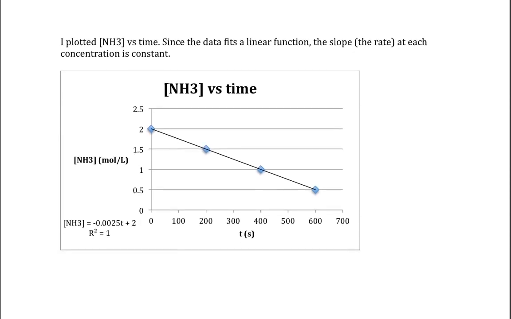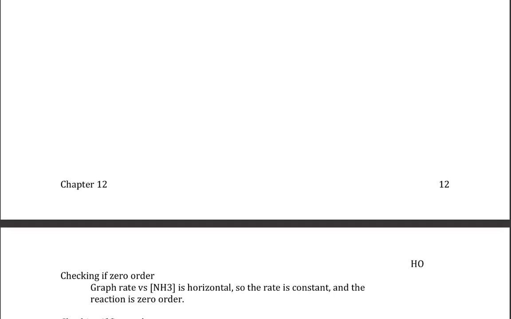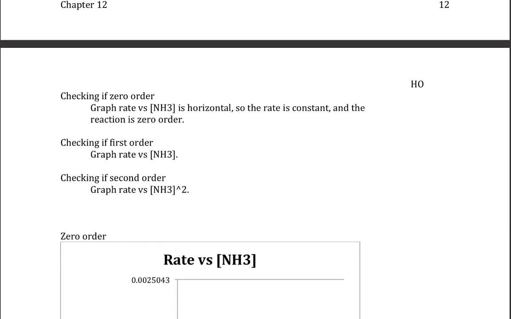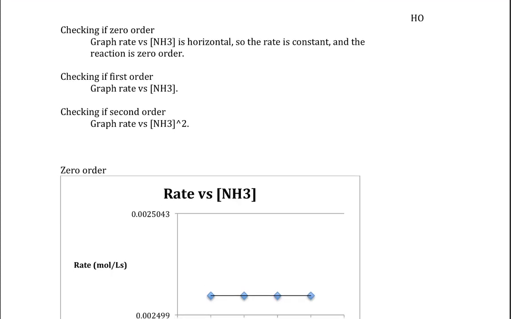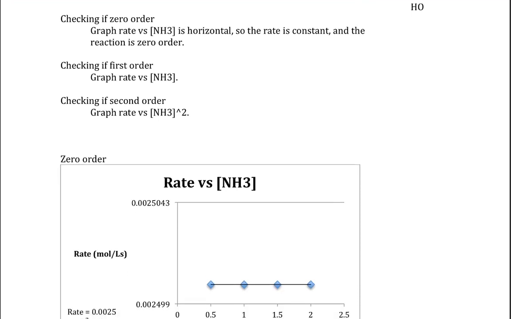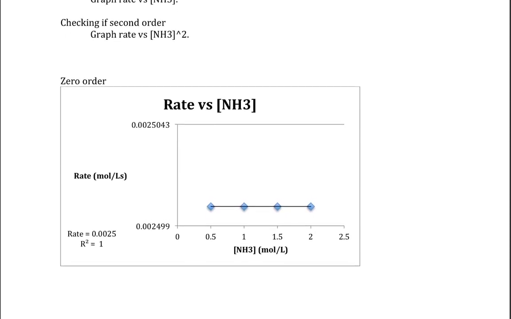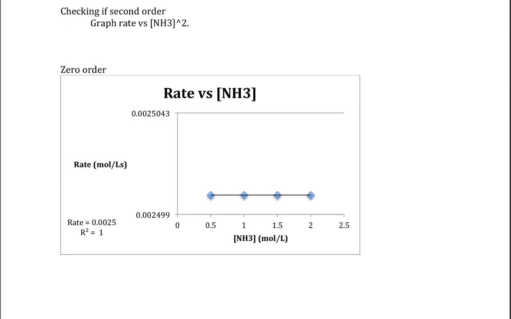So what we have is a zero order reaction because the rate is constant. So we have our graph of rate versus concentration. It's horizontal, the value of that line is 0.0025.